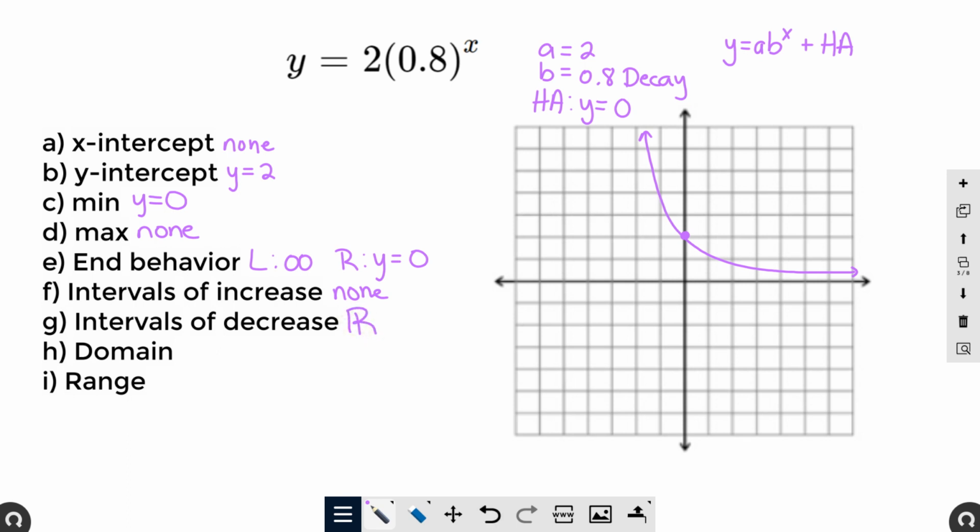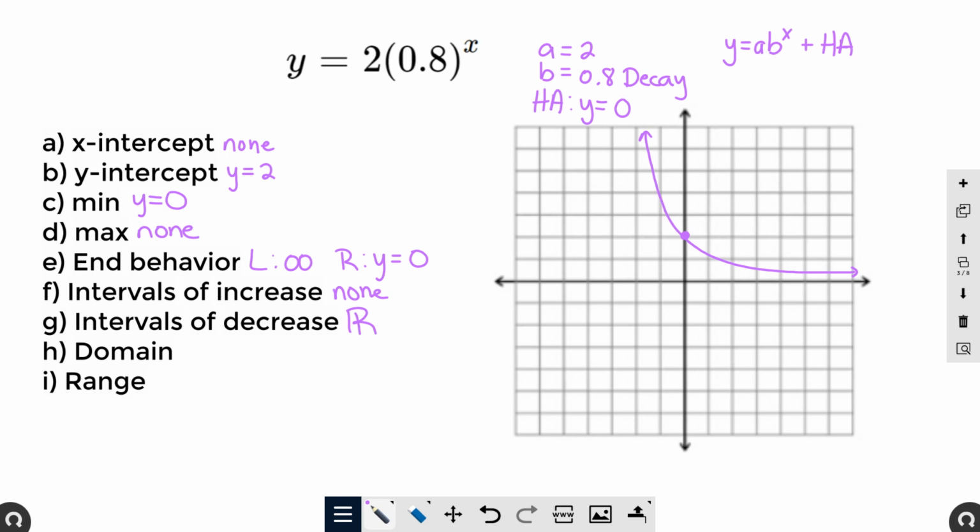For this one, since it typically talks about for what x values, I like to use all real numbers, but if you put infinity, I would also accept it. If it is an exponential decay, would it ever increase? No, so increase would be none, and decrease would be all real numbers because it decreases everywhere. For every x value, it's always going down.